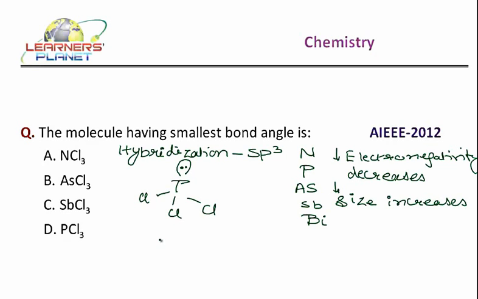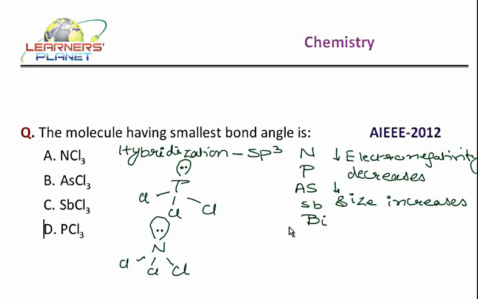Now nitrogen being most electronegative among the elements, what will happen? The lone pair of electrons will be present close to nitrogen, due to which there will be repulsion. Now you must be knowing that the lone pair bond pair repulsion is more than the bond pair bond pair repulsion, which increases the bond angle.